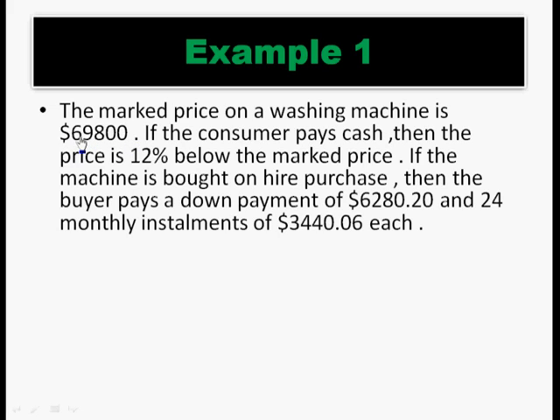So the cash value of the washing machine is 69,800. We are saying now, if the consumer pays cash, good, that's if the consumer pays cash, then the price is 12% below the mark price. Now, what do we mean by below the mark price?